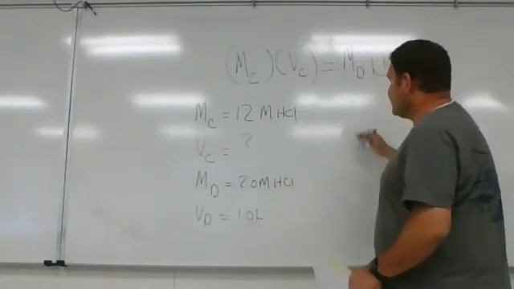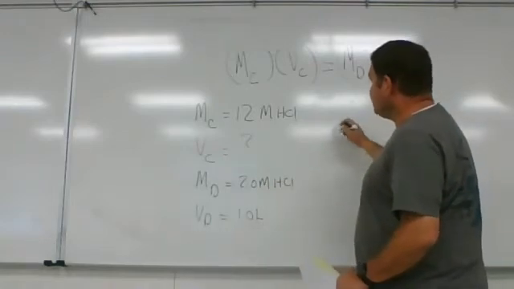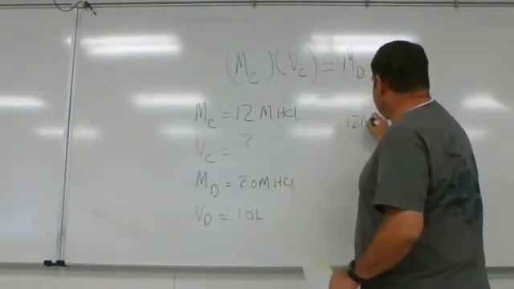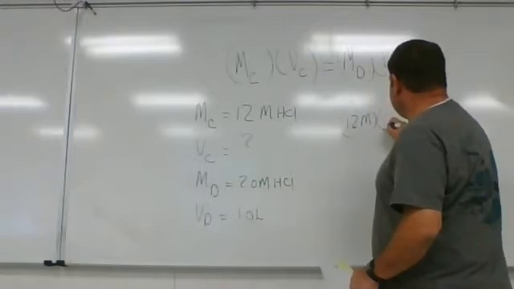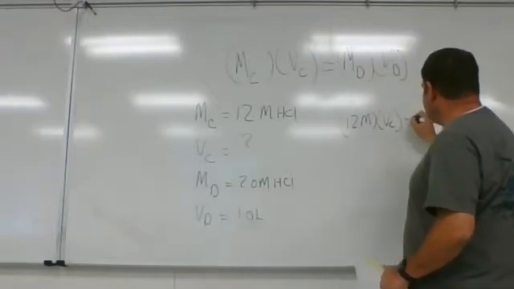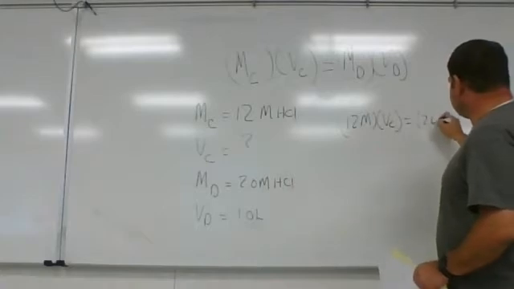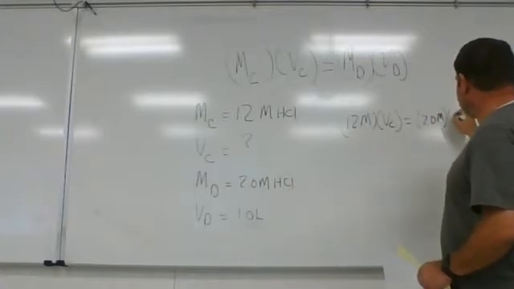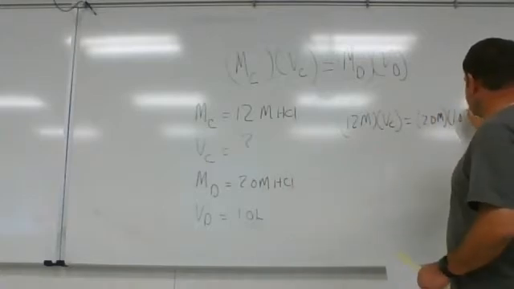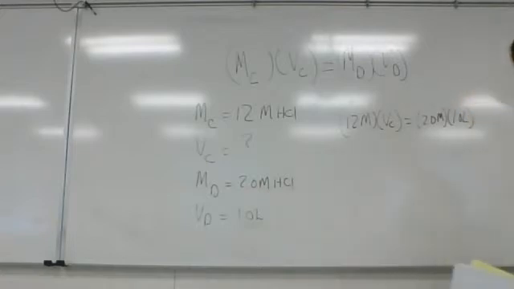So the molarity of concentrate, 12 molar, times the VC, which we don't know, is equal to MD, 2.0 molar, times the volume of 1.0 liters.